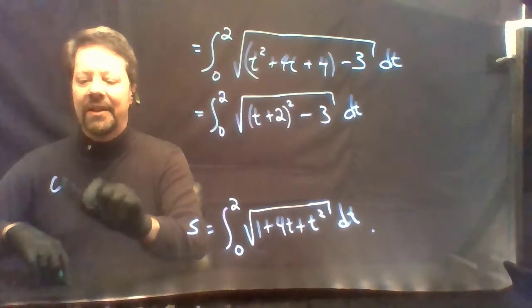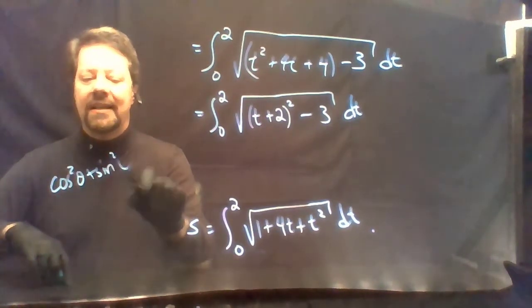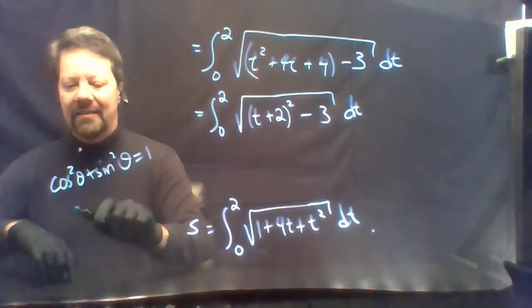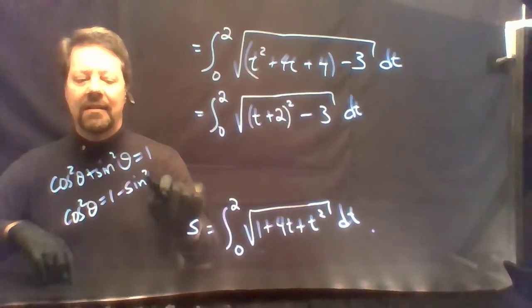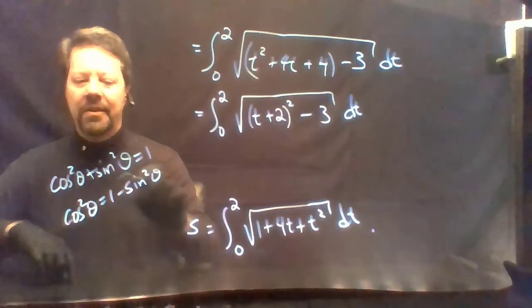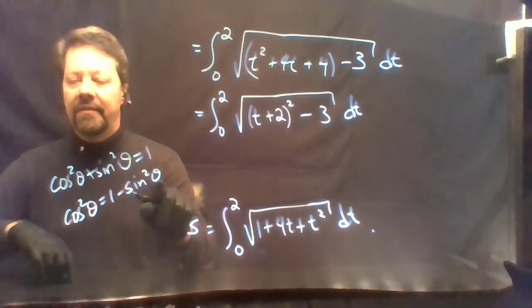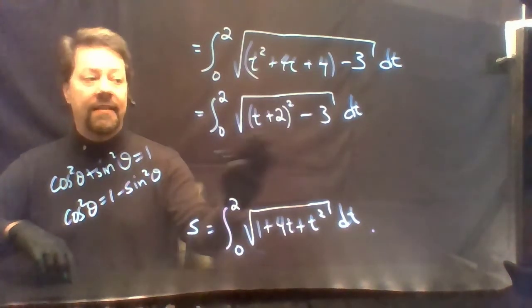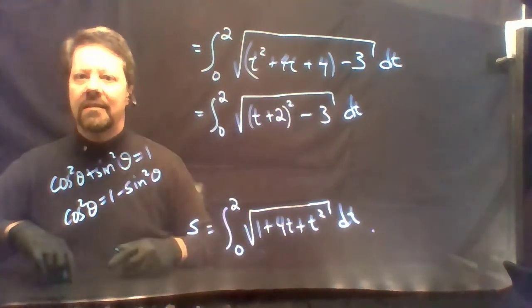Now, we know that cosine squared theta plus sine squared theta equals 1. This gives you cosine squared theta is 1 minus sine squared theta. So if you have a constant minus variable stuff squared, the substitution is sine. That's not what we have here. We have variable stuff squared minus constant.